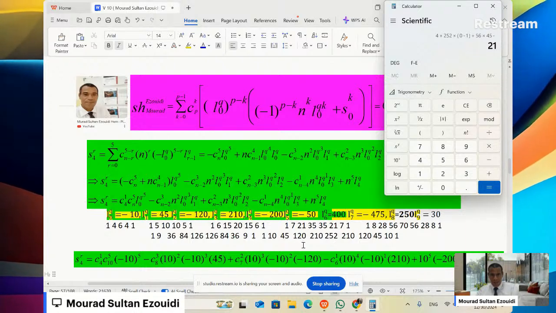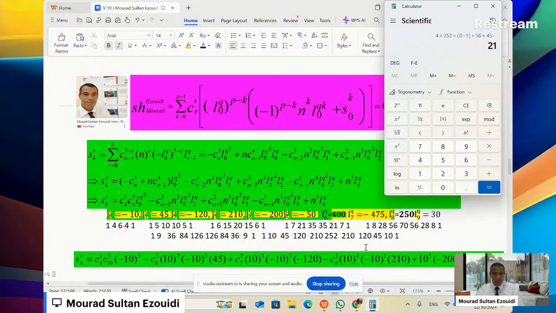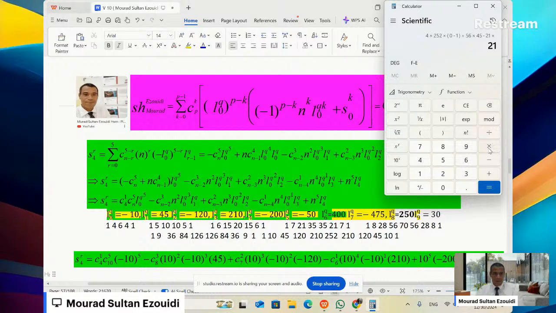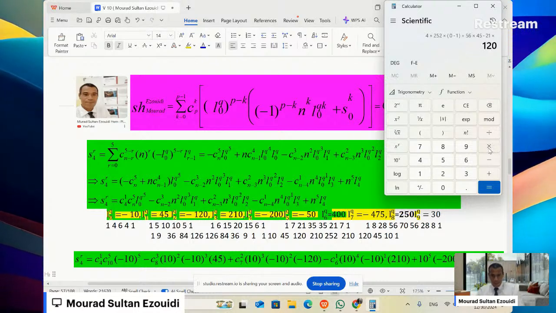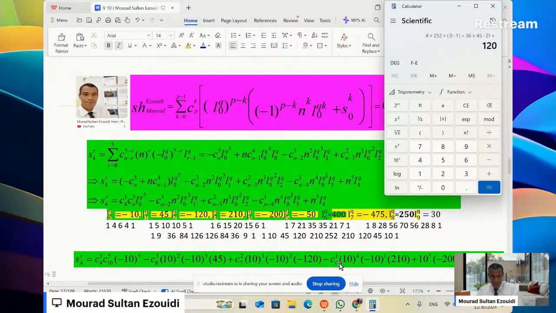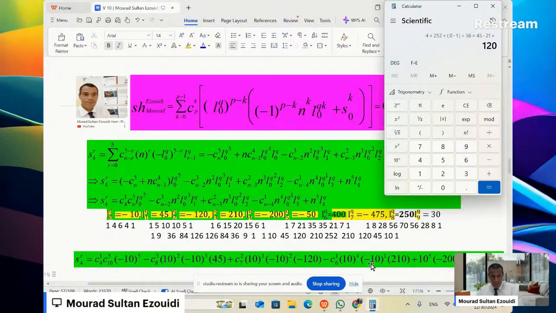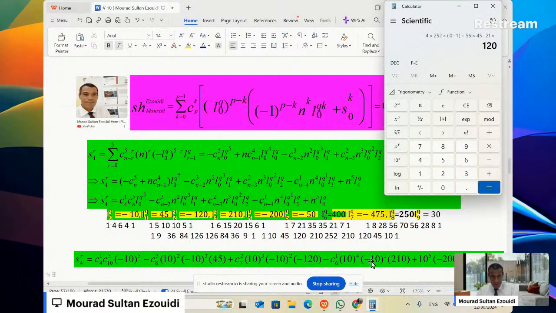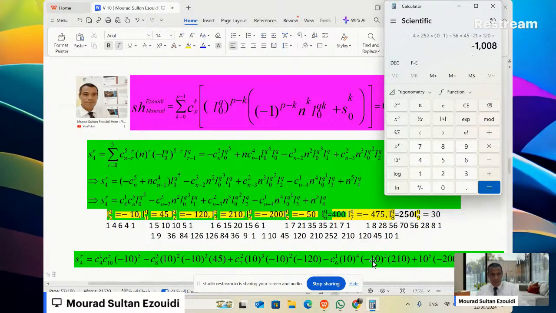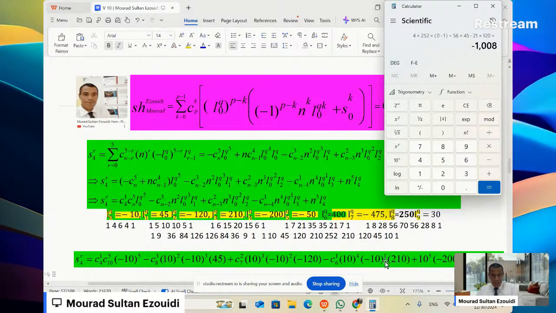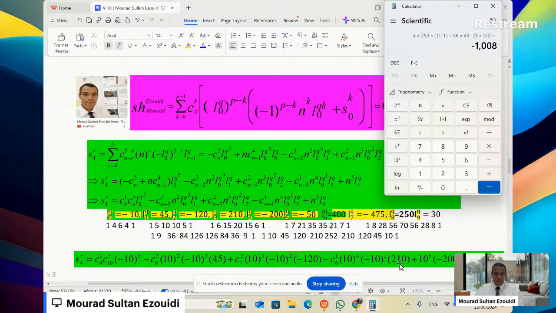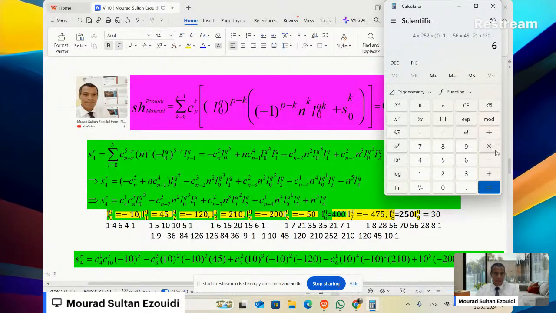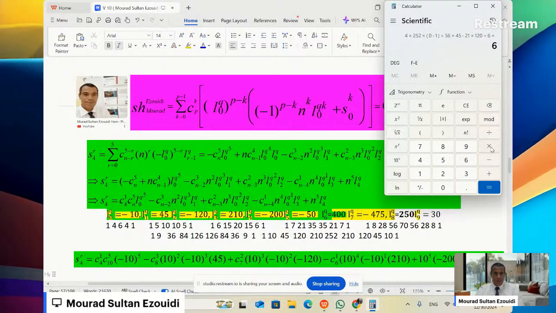Multiply by 120. Then minus 6 multiplied by negative sign should be positive. So plus 6 multiplied by 210. 6 multiplied by 210.